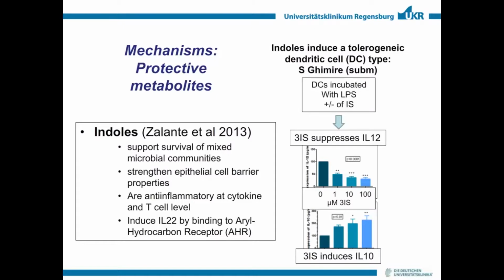But they also have impact on the epithelial cell barrier properties. They strengthen it. They are anti-inflammatory at the cytokine and T cell level, and a very important aspect is that indoles bind to the aryl hydrocarbon receptor of innate lymphoid cells type 3 and then induce the production of interleukin 22, which is an important cytokine for protection of epithelial cells.